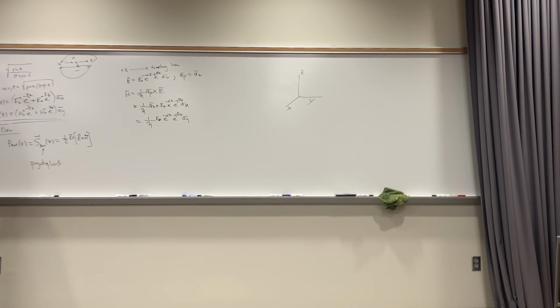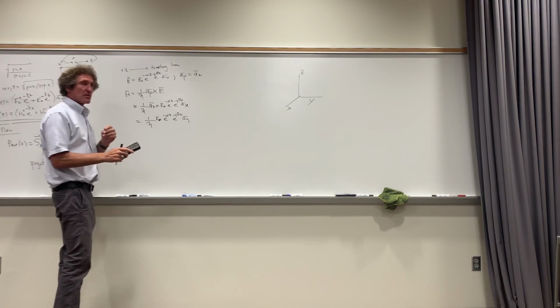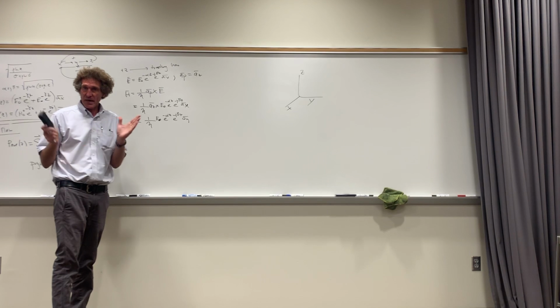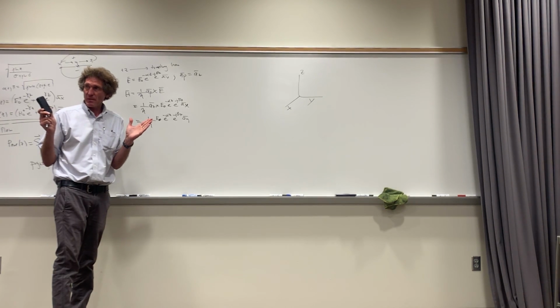Do you all hear me? Eta can be just strictly real if it's basically lossless, like it's about 120 pi ohms or 377 ohms here in the atmosphere. But it can be lossy too, so you've got to be careful. In metal, remember we said metal had an intrinsic impedance that was very small and it had an angle of 45 degrees. Do y'all remember that?